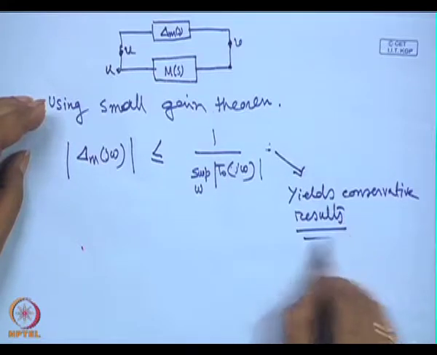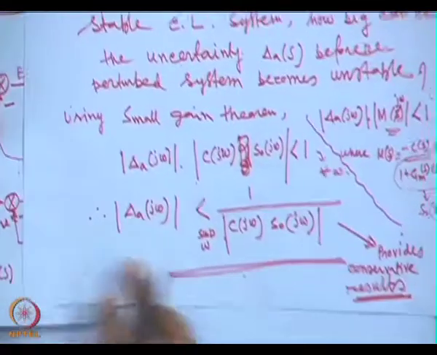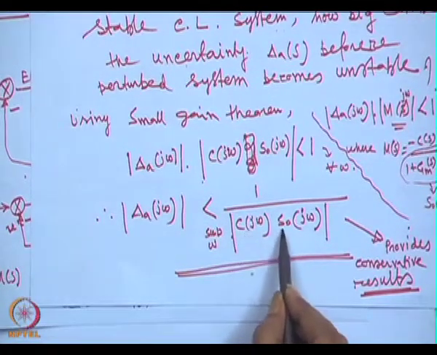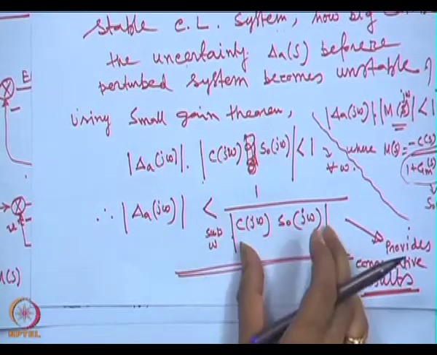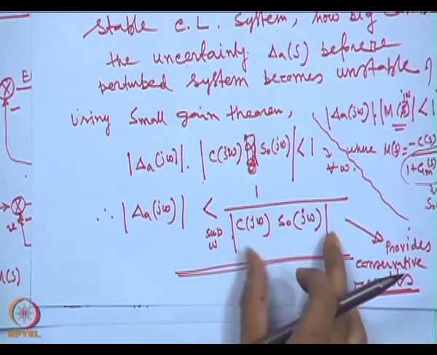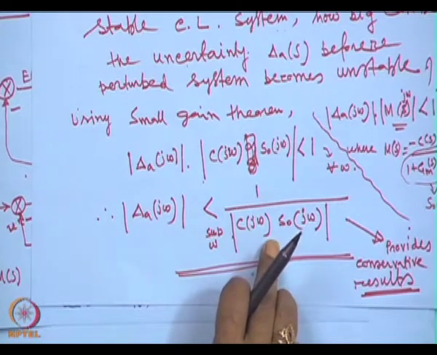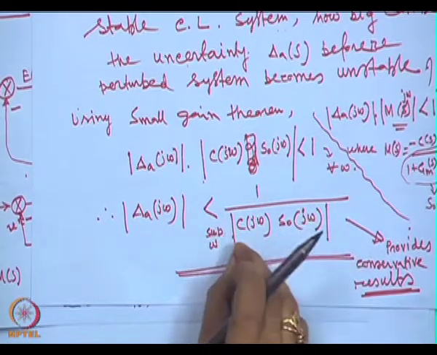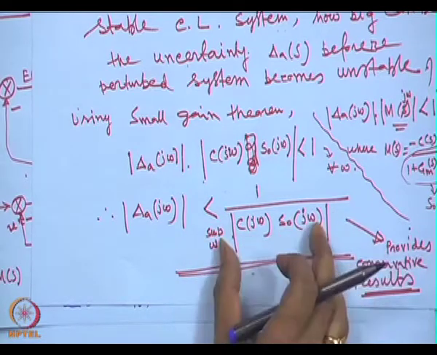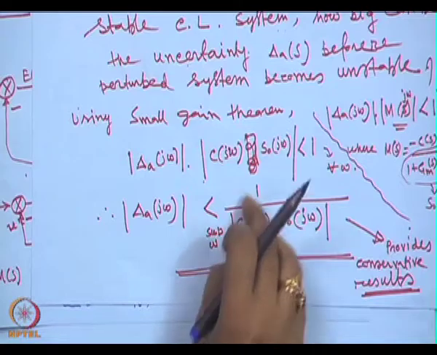So, now look at this one, additive perturbations and multiplicative perturbations. Here C s into S of 0, mod of this, you have to make the supremum value of that, the highest possible value over all frequencies, the absolute value of the reciprocal of that one, you have to take.